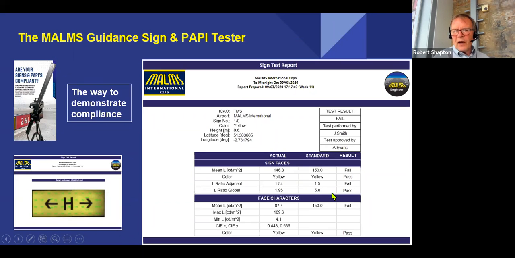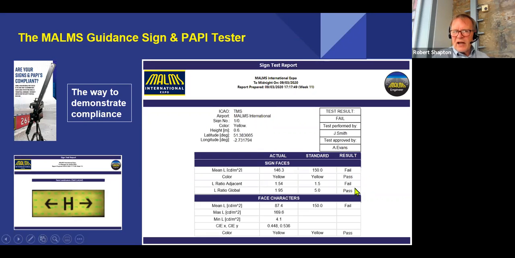And then overall, the sign is actually very good in terms of overall uniformity. The overall ratio, the brightest to the darkest point, is 1.95, which against a standard of 5 times is a very good result. So it's probably a very good looking sign, but unfortunately it does not meet the standard.